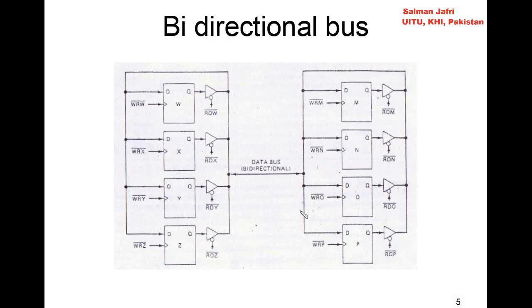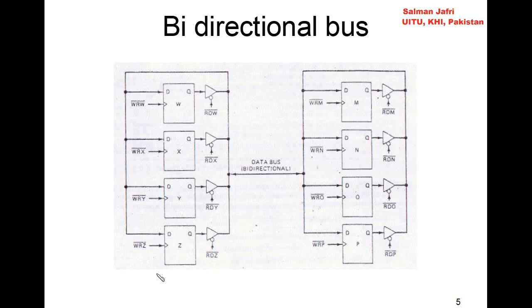We can see that now the output signals have been connected by the tri-state buffers on the right hand side, and the input signals have been included on the left hand side for writing of W, X, Y and Z. So I can say that W, X, Y and Z can be read as well as written. Similarly, M and OP can be read as well as written.